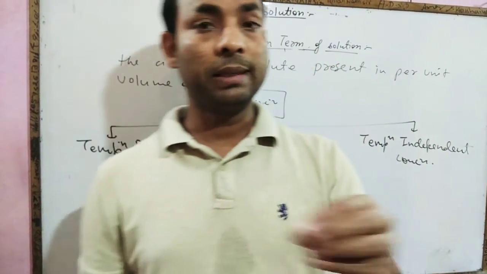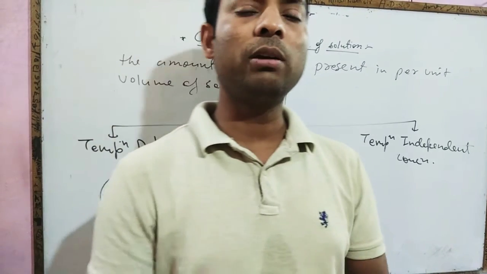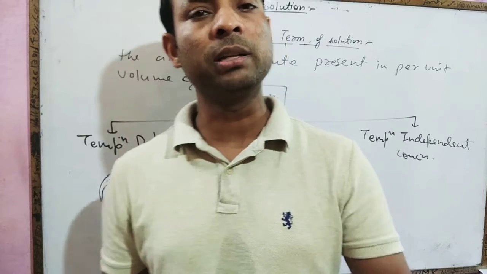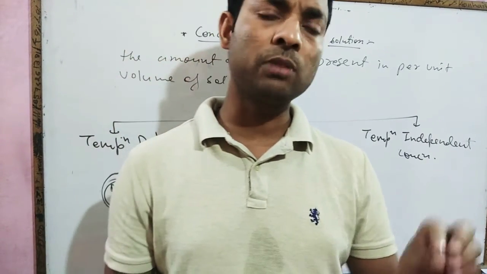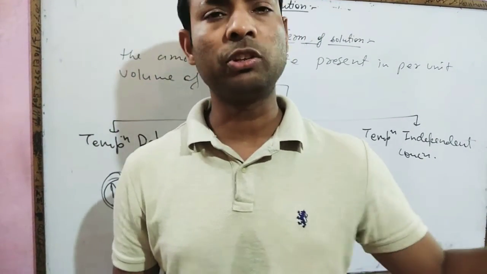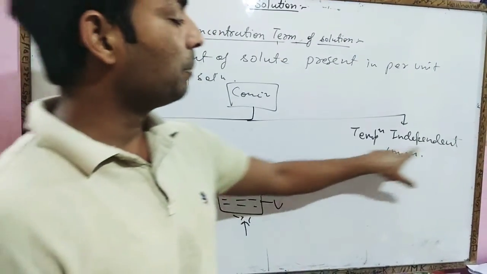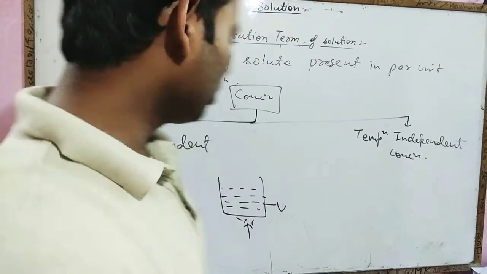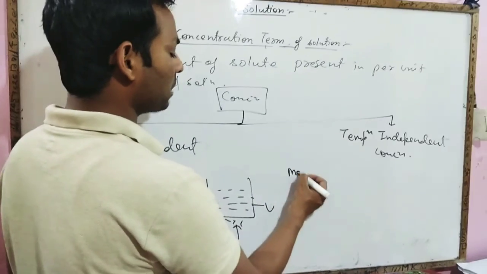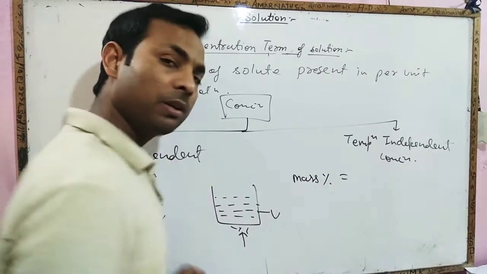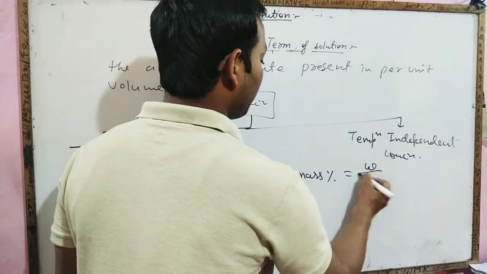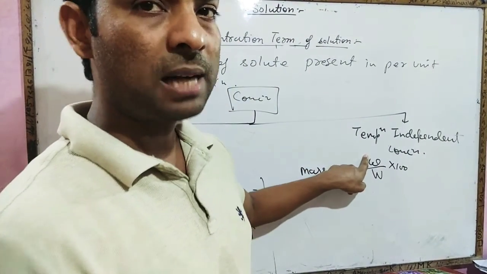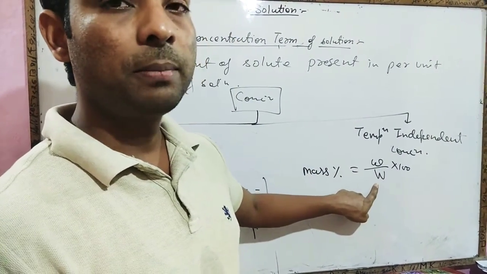Temperature independent concentration term is the concentration term which does not depend on temperature. It means when I increase or decrease the temperature, the concentration of solution remains constant. It will not change. That's why it is called temperature independent concentration term. Clear students? Let me take one example: mass percentage of solution equals w by W into 100, where w is the mass of solute and capital W is the mass of solution.